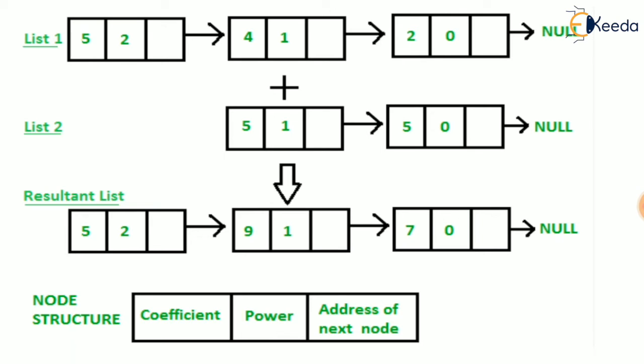So now we will study how we add these two polynomials. The first rule that is important to add the polynomials is that the exponent, or the power, of both the coefficients should be the same.